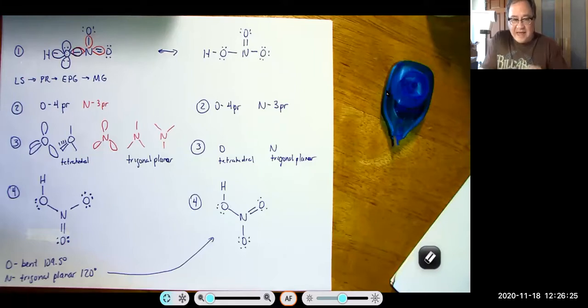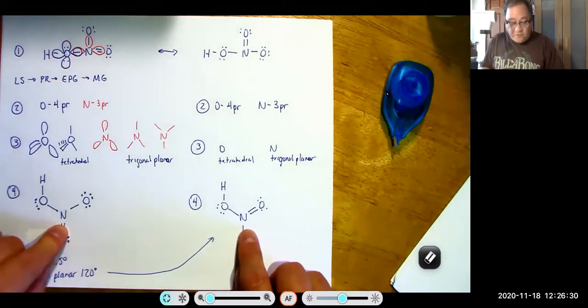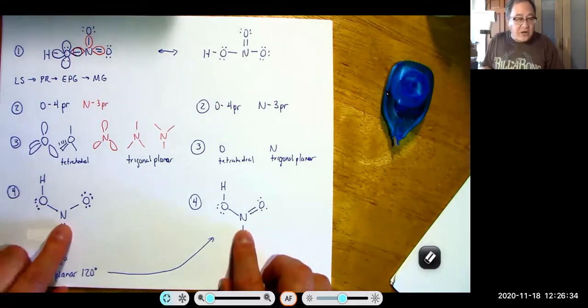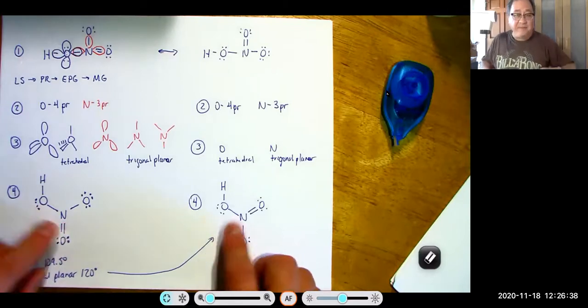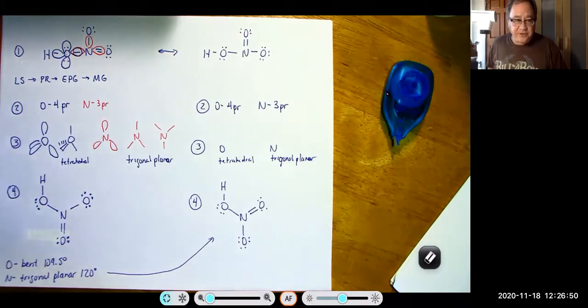Yeah. And if you draw all 4 of the molecular geometries, you're not going to learn anything new, except for that all of the atoms have the same molecular geometry. So you should draw for the Lewis structure all of the resonance structures. But for the electron pair geometry, it's going to be the same for all resonance structures.